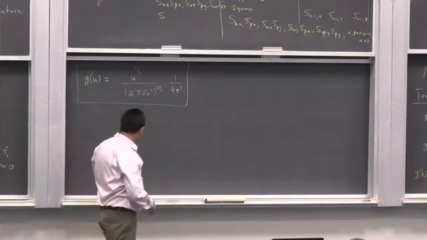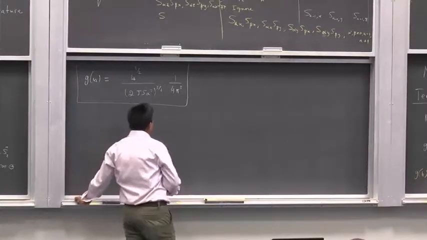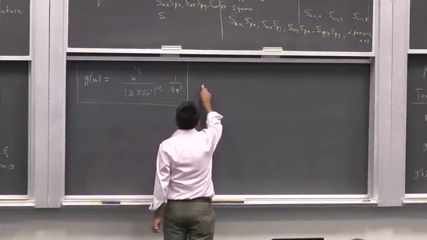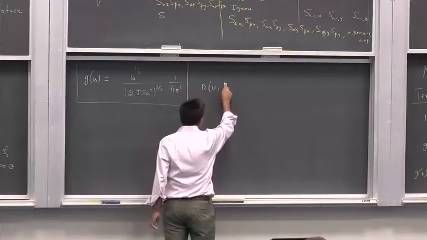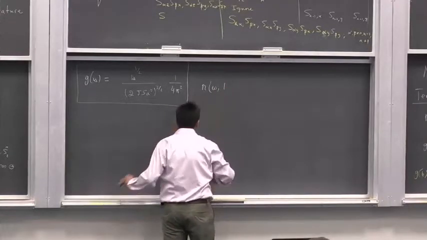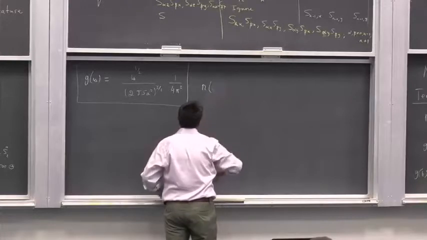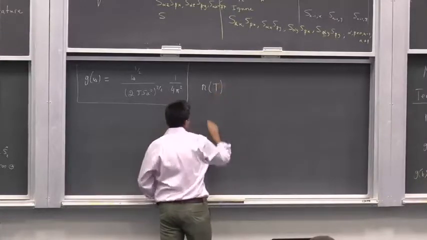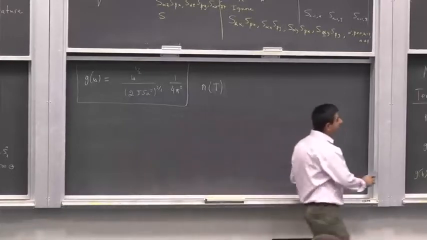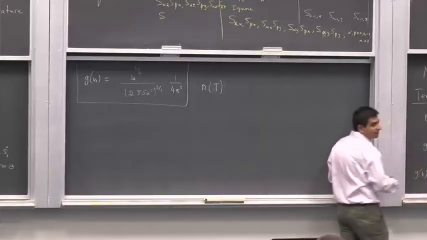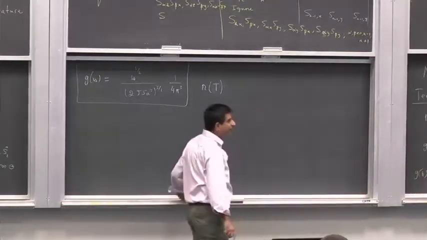Now what we would like to find out is the number of magnons excited at a certain omega, at a certain temperature. This is what we would like to find out. How many electrons are excited, magnons are excited at a certain temperature? Now what is this going to be equal to?